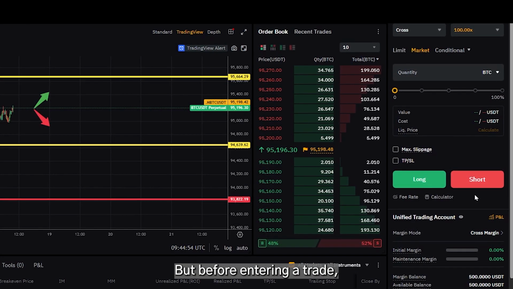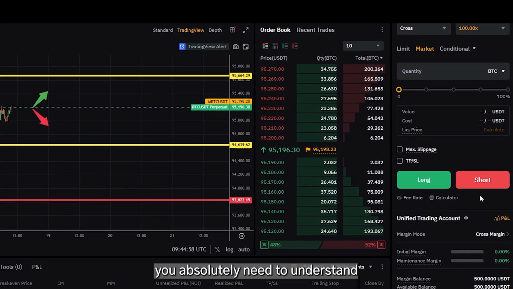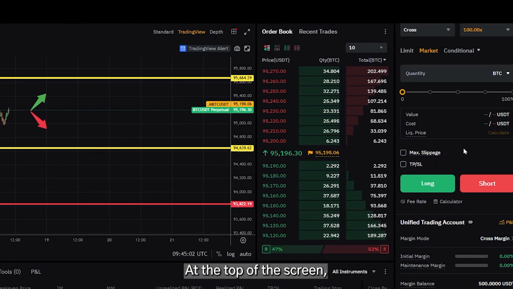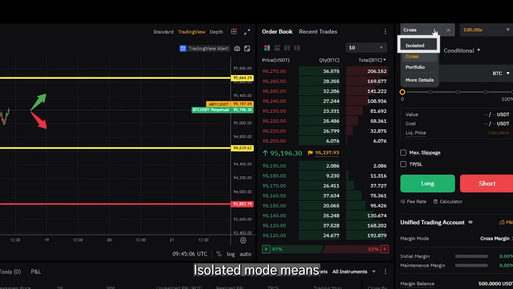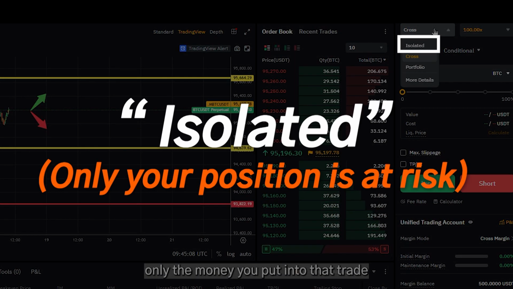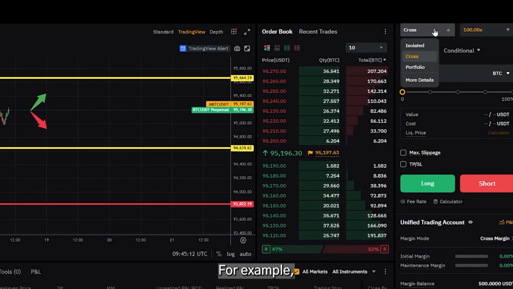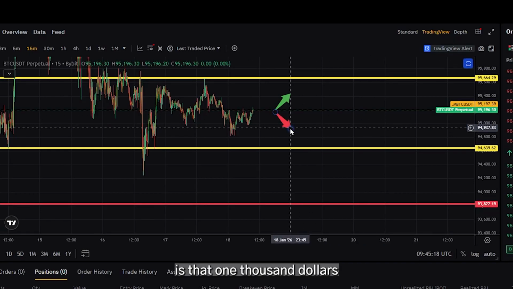But before entering a trade, there's one thing you absolutely need to understand. Margin mode. At the top of the screen, you'll see isolated and cross. Isolated mode means only the money you put into that trade is at risk. For example, if you enter with $1,000, the maximum you can lose is that $1,000.